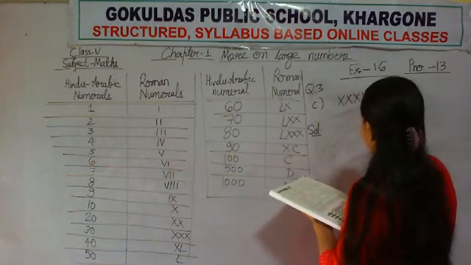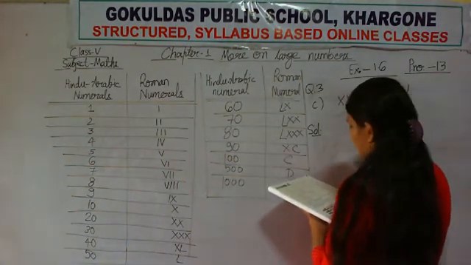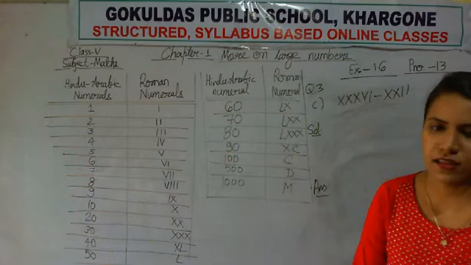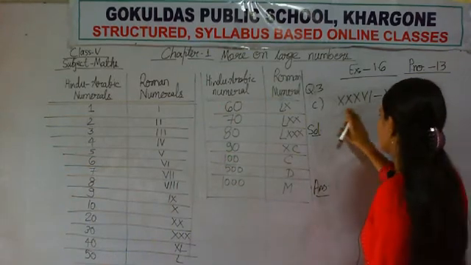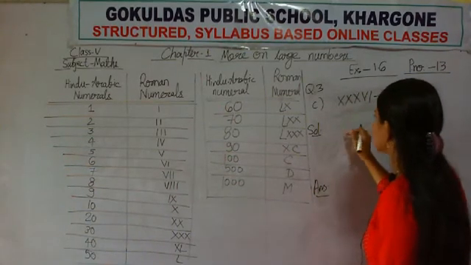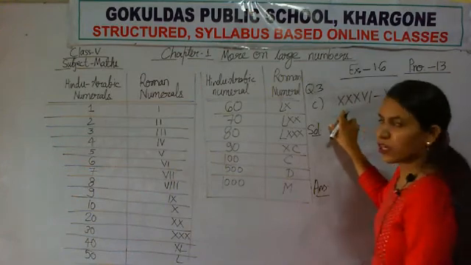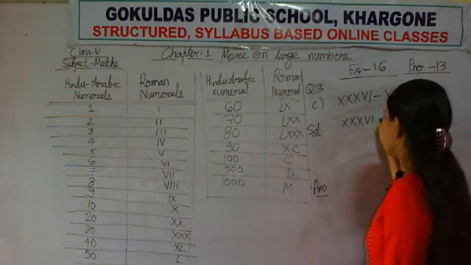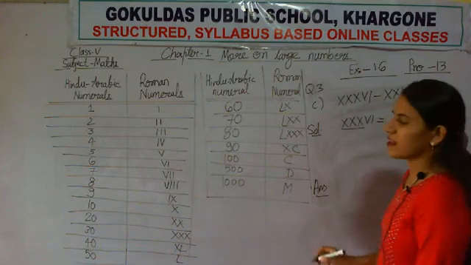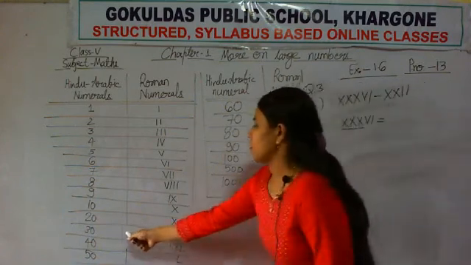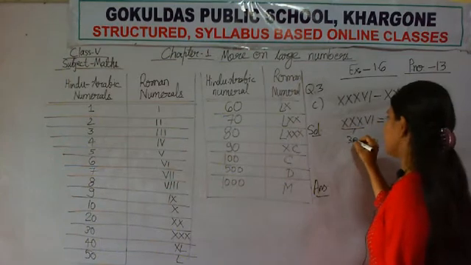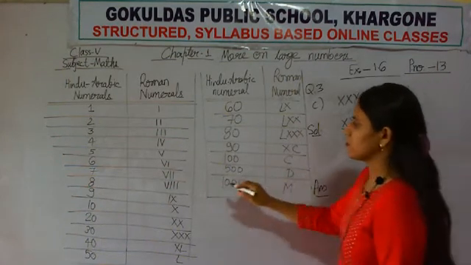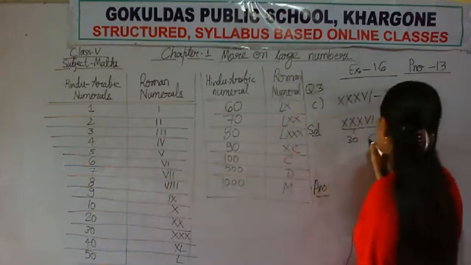XXXVI minus XXII. Okay, these are two numbers. You want to subtract this number from this. Let's write the Hindu-Arabic number for the given number XXXVI. XXX represents 30, right? And VI represents 6.